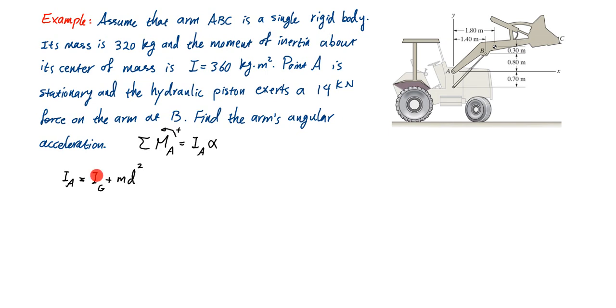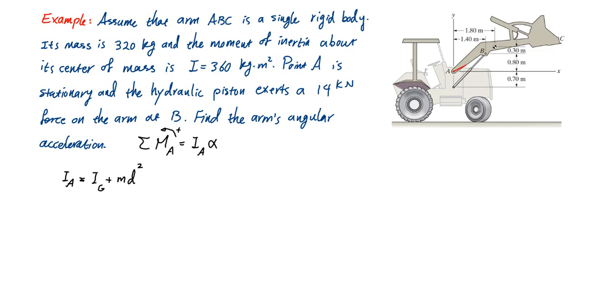So IG is the mass moment of inertia that I'm given. M is the mass of the structure, which I know is 320 kilogram. So the only thing left is to find the distance between point A and the center of gravity.